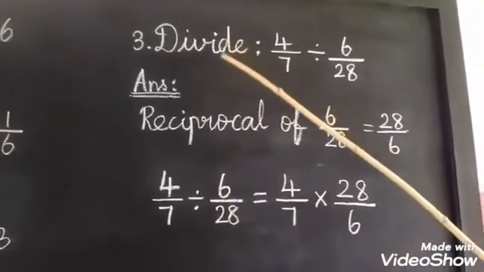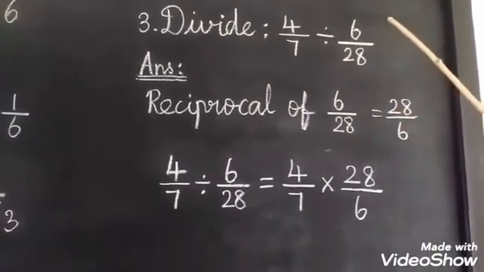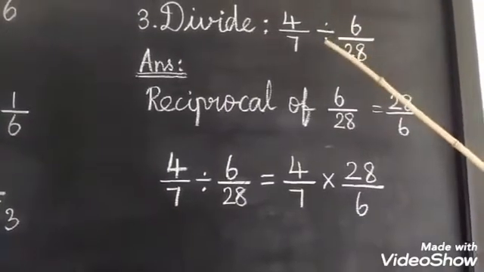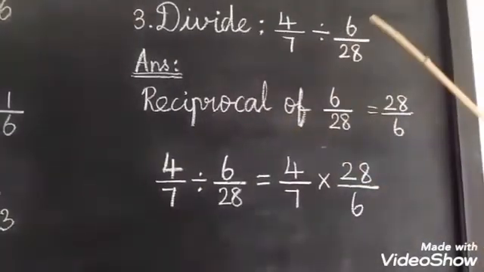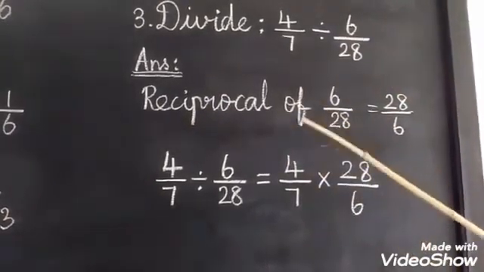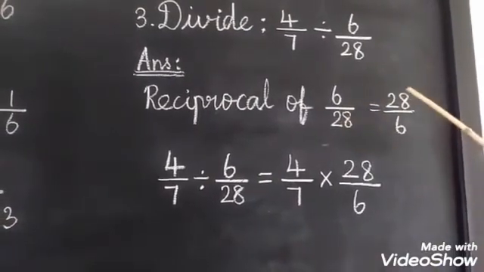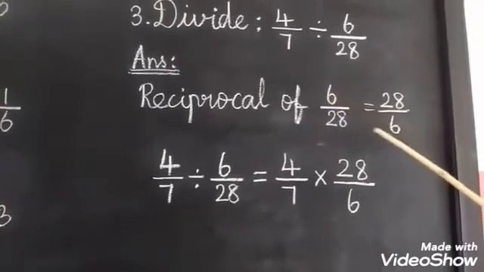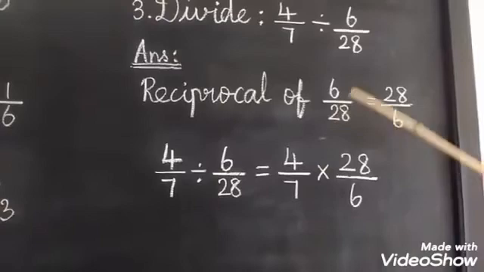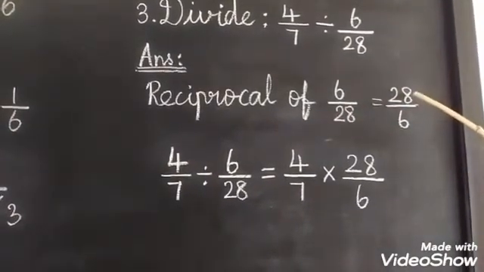See the next sum. Divide 4 by 7 by 6 by 28. For division, first we have to find the reciprocal of 6 by 28. What will come? 28 will come in the numerator and 6 will come in the denominator. So 28 by 6 we have to change and write, changing the places of numerator and denominator.